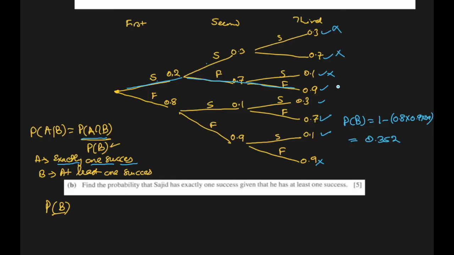So the probability of this one will be 0.2 times 0.7 times 0.9. Next branch, failure, success, success. Nope. Failure, success, failure. Yes. So this is the second branch. Let's write it here because we have to add them. They got 3 branches, right? No, 2 right now. 0.8, 0.1, 0.7.